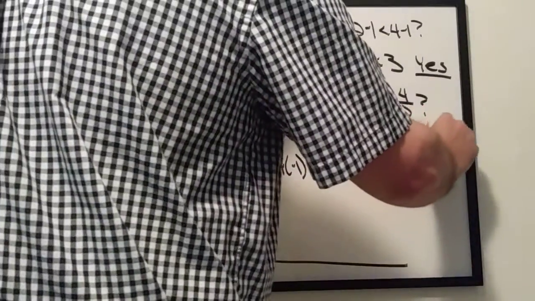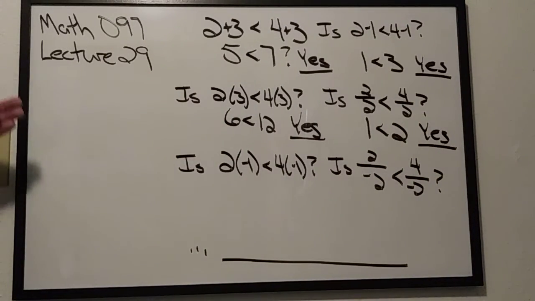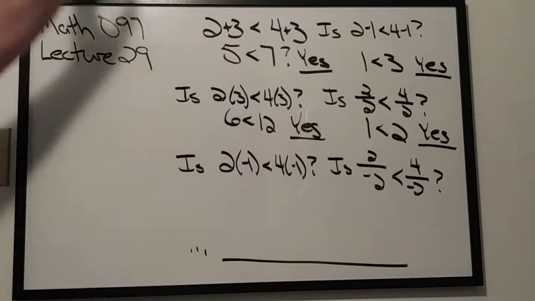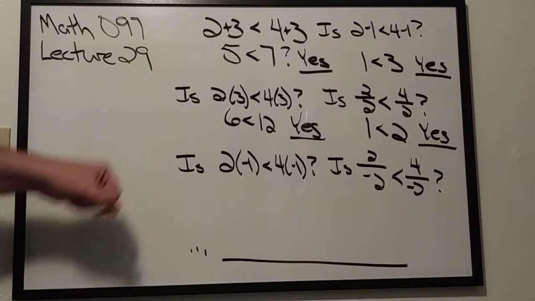So yes, that's fine as well. Let's generalize: we can multiply or divide both sides of an inequality by a positive number, and we're going to end up with a valid inequality. Now, at this point, you might be thinking, oh, everything's working. Well, we have to be kind of careful, though. So let's try our last row.